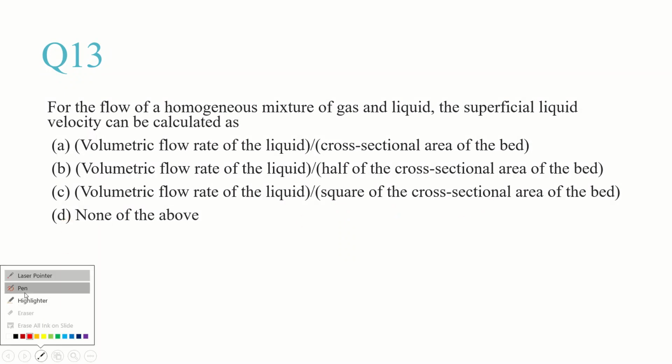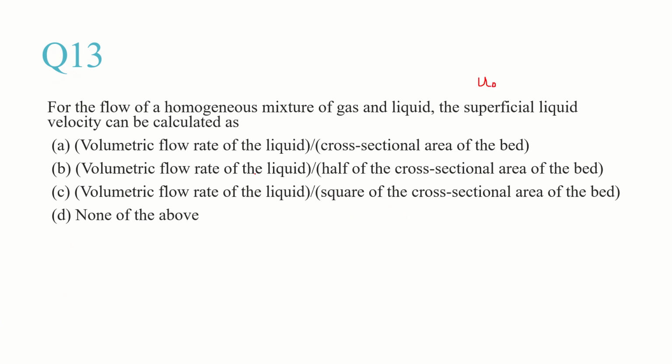So the question asks us to determine the superficial liquid velocity, that is u naught or ul, and the given things are Q liquid and the area of the bed. So the question is how we relate the volume flow rate of the liquid and the cross sectional area of the bed: either the cross sectional area, half of the cross sectional area, or the square of the cross sectional area of the bed.